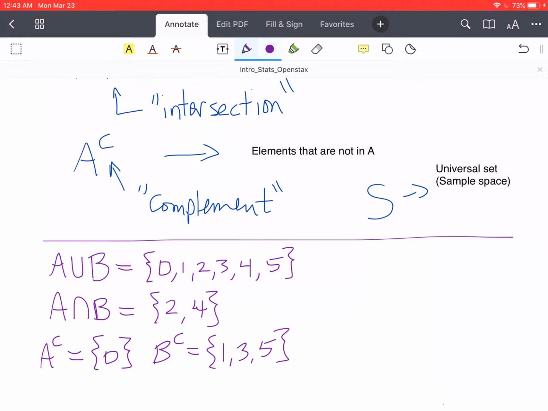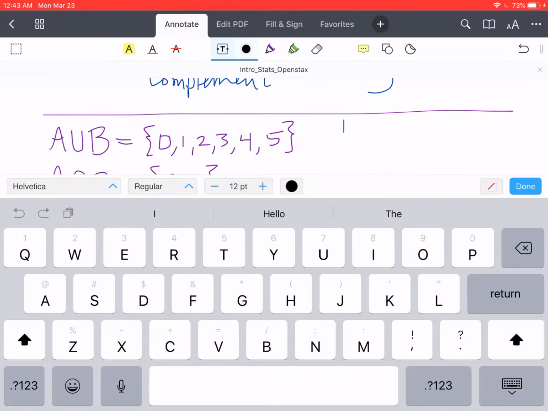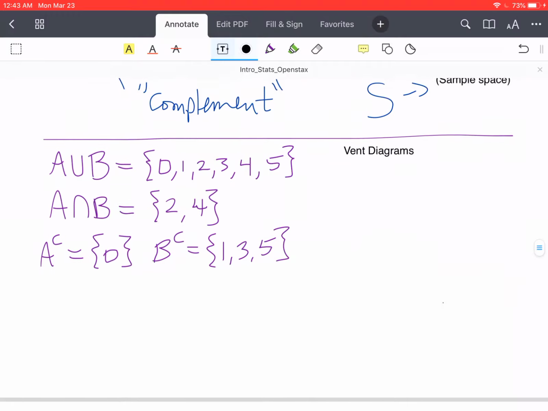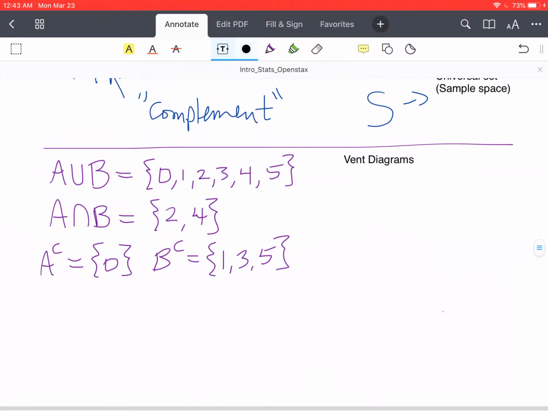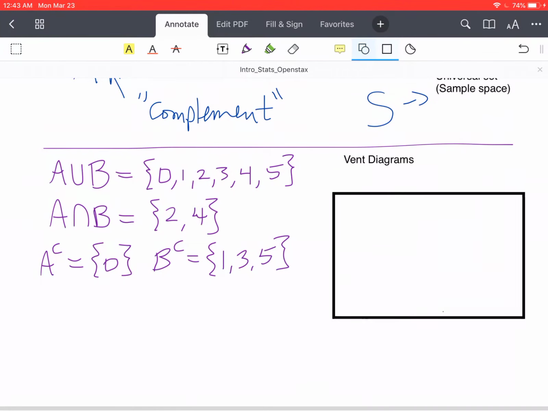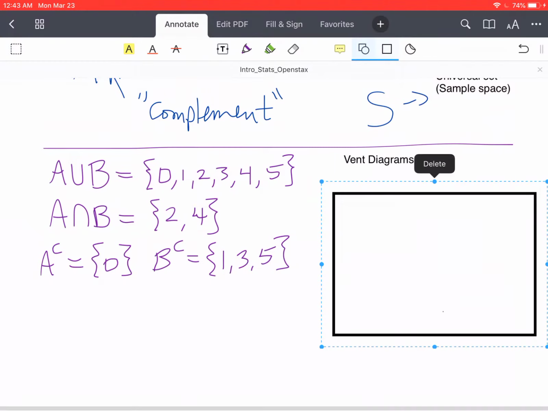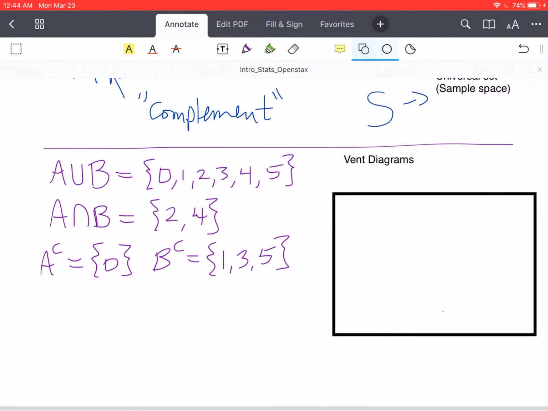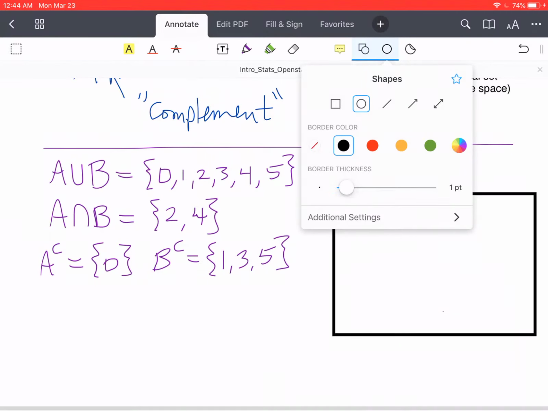Now, we can represent these sets using what we call Venn diagrams. We did look at these briefly in class when we were talking about probabilities. Basically, for the Venn diagram, we create a rectangle that's going to be our sample space or our universal set. And then we create some circles within that.